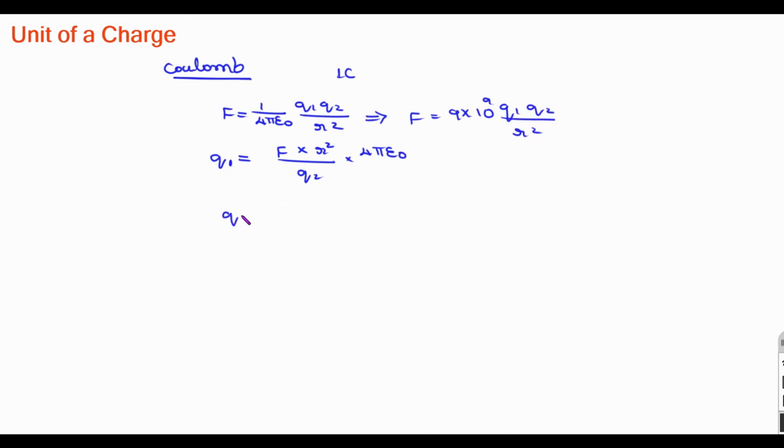I want the unit of q1, so q1 is equal to F r square divided by 9 into 10 to the power of 9 into q2.